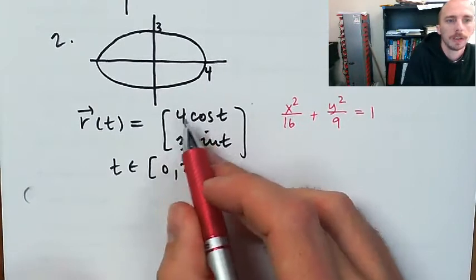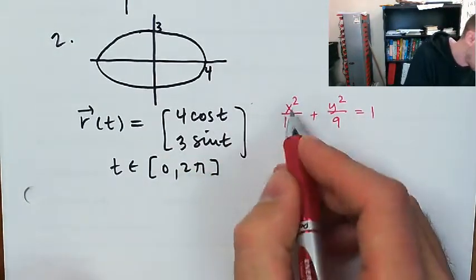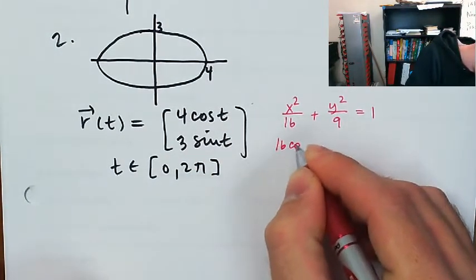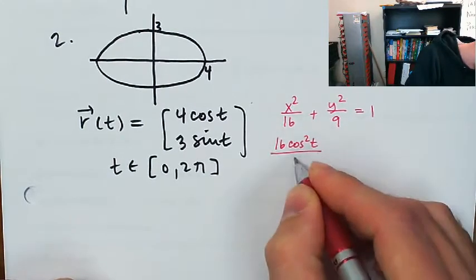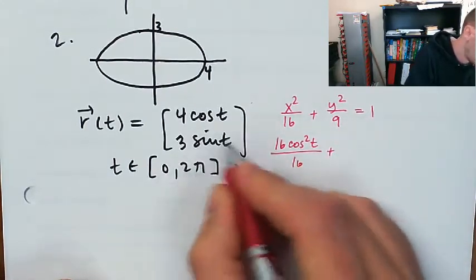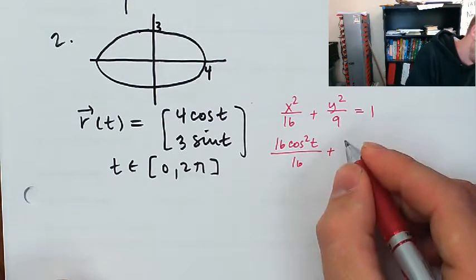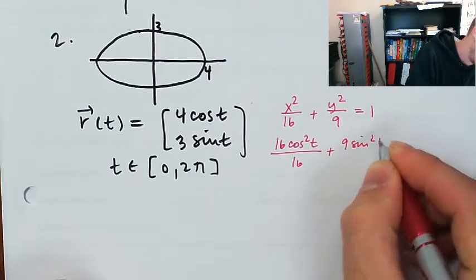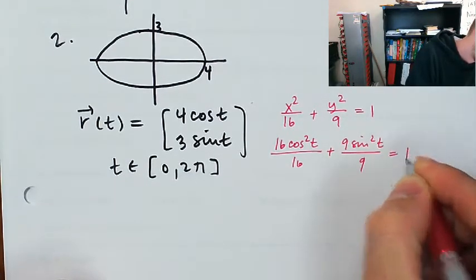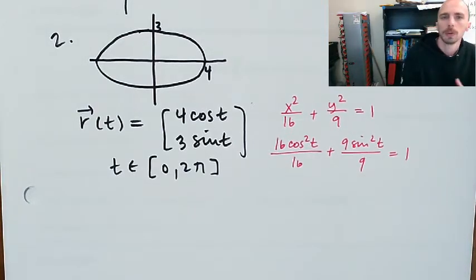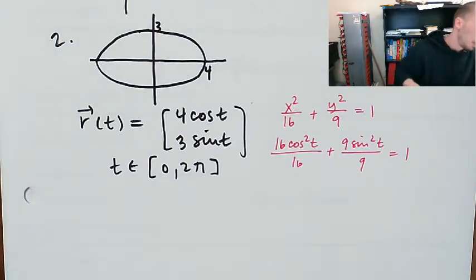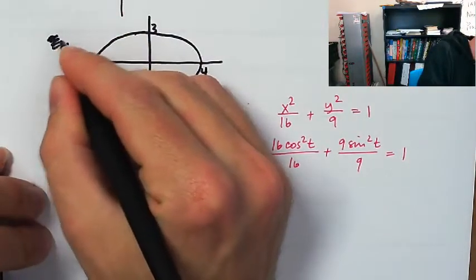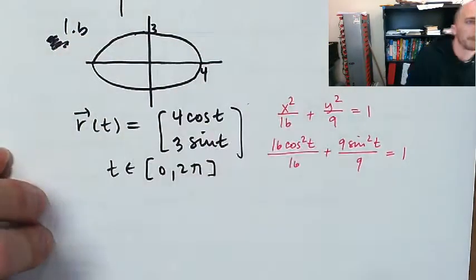So that's going to be 16 cosine squared t when I square x, plus, when I square 3 sine t, that'll be 9 sine squared t. And that's like saying cosine squared t plus sine squared t equals 1, which we know is true. Okay. Oh, whoops. This was 1b.